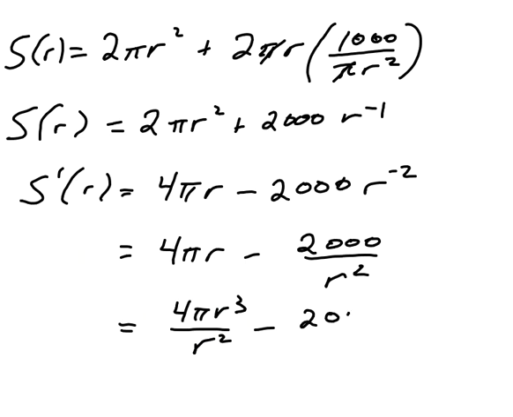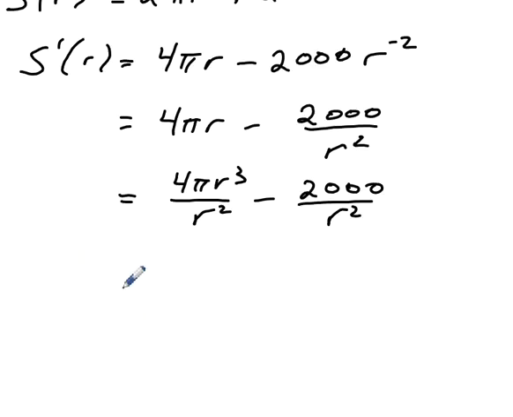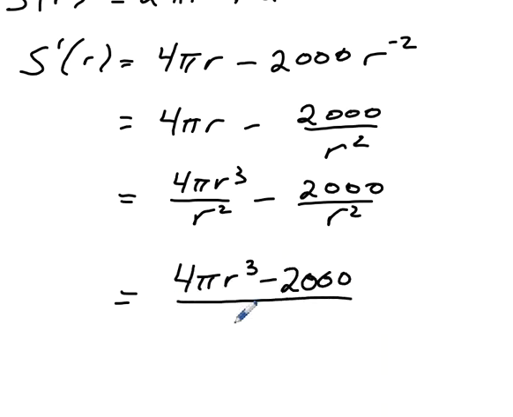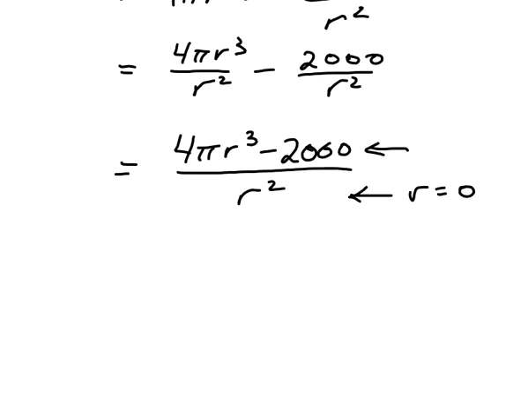It's easier to see where the zeros would be if it's all in one fraction. So 4 pi r cubed minus 2,000 over r squared. Now, values that would make this undefined would be r equaling 0, so that's a critical number. And then I would also want the critical numbers for the numerator being 0. 4 pi r cubed minus 2,000 equaling 0.